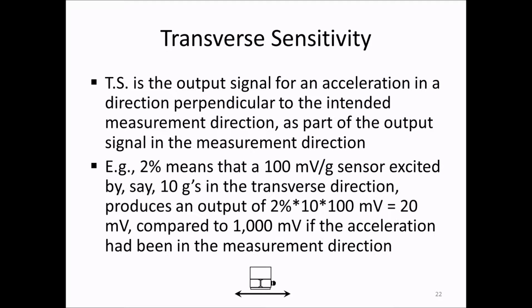For example, 2% transverse sensitivity means that a 100 mV per G sensor excited by, say, 10 Gs in the transverse direction produces an output of 2% of 10 Gs times 100 mV per G, which equals 20 mV, compared to 1000 mV if the accelerometer had been mounted so that the actual vibration was in the measurement direction.